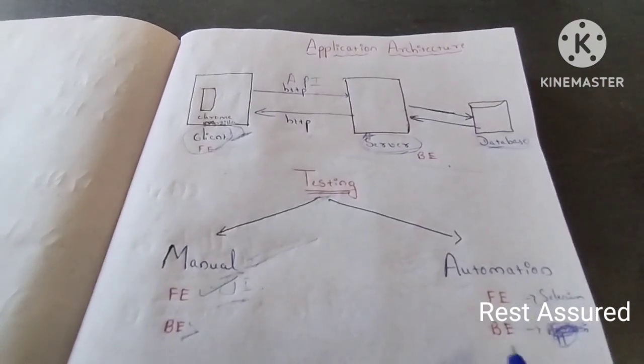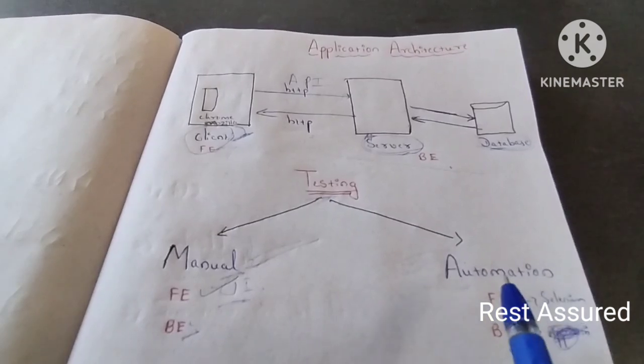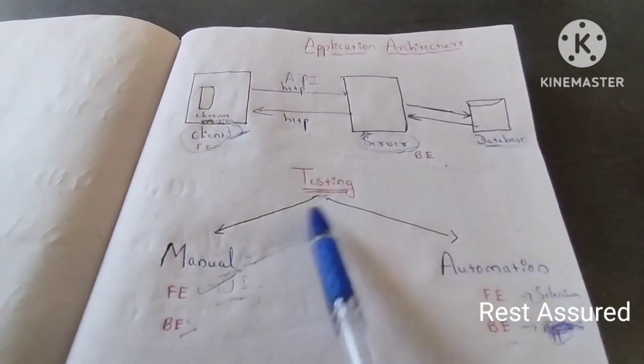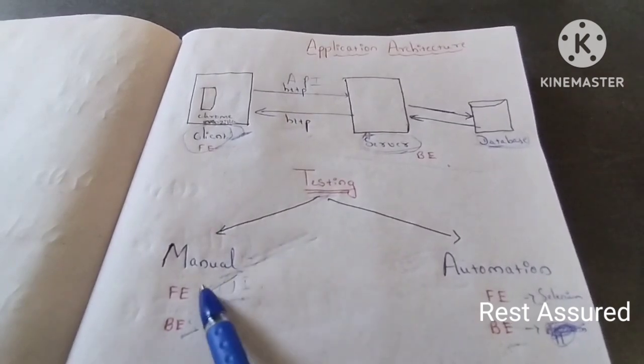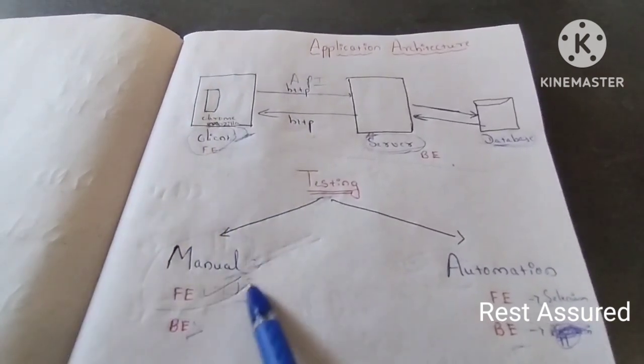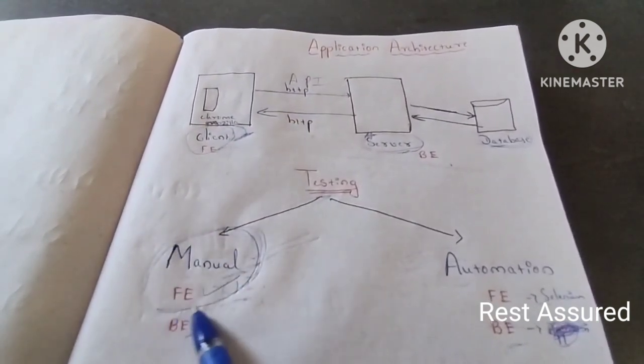Sorry, there are also many tools used for backend testing. So this will be the main theme of testing. Manual means front end testing. Mainly in our course we are focusing on front end, manual testing. As of now the course is for manual testing.